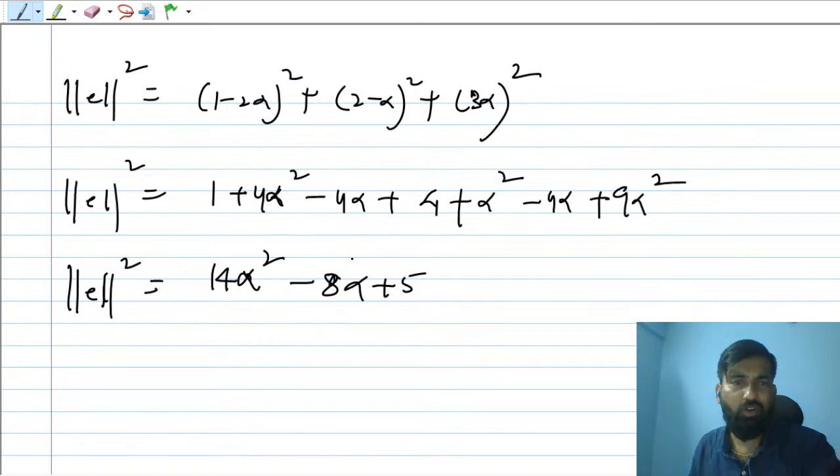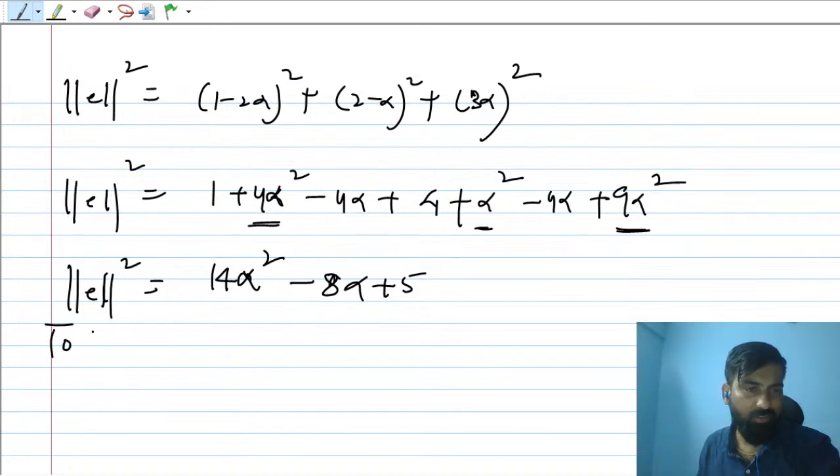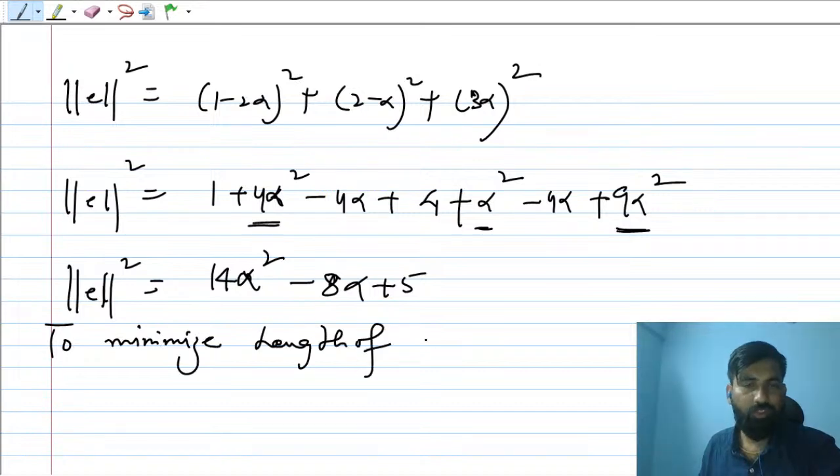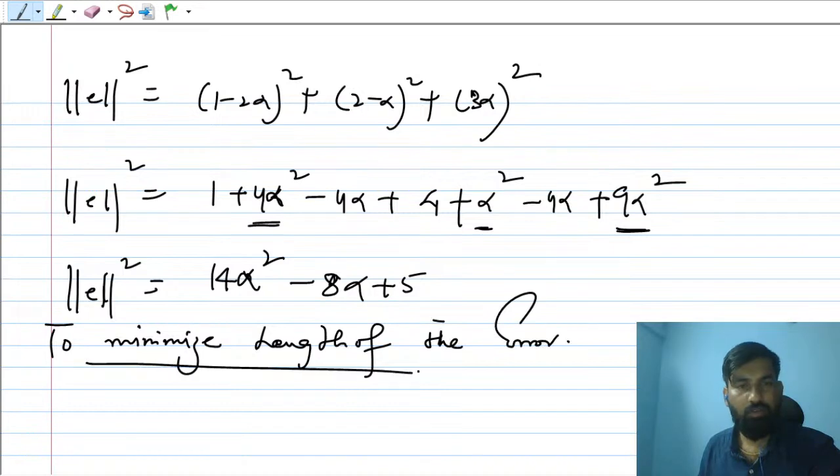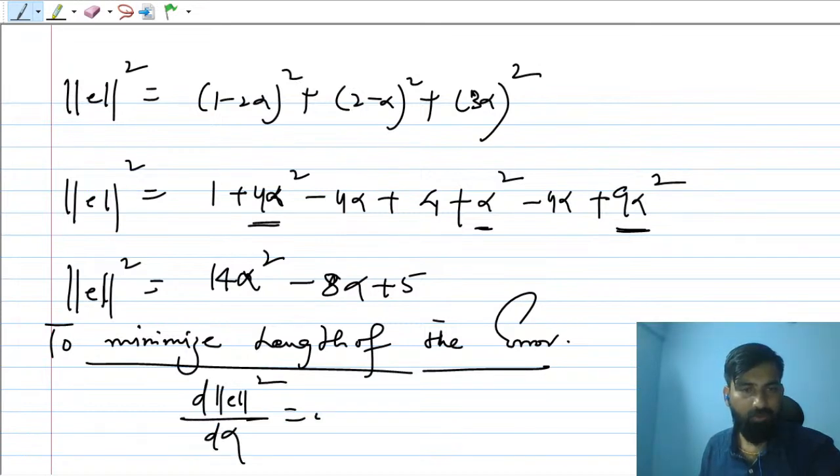If you solve this, you will get 14: you see 4 plus 1 is 5 and 9, that is 14 alpha square minus 8 alpha plus 5. Now to minimize the length of the error, what we can do here is differentiate this with respect to alpha and equate to 0. That's it. That is what you have to do.